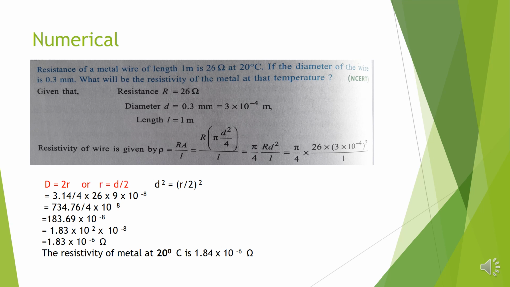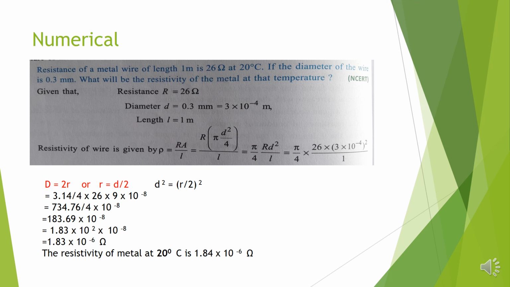So r square will be d square by 4, which gives area A equal to pi d square by 4, and then length L. Now you substitute the values, and we will not touch the 10 to the power.